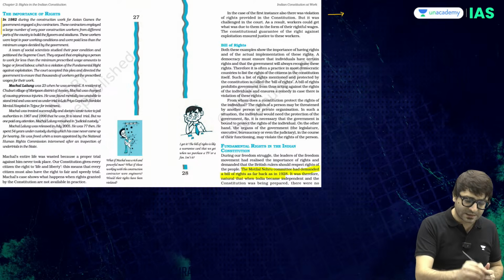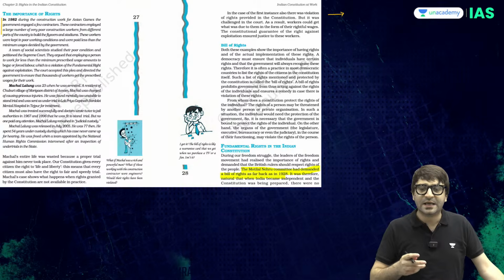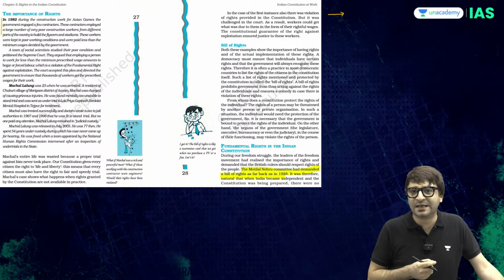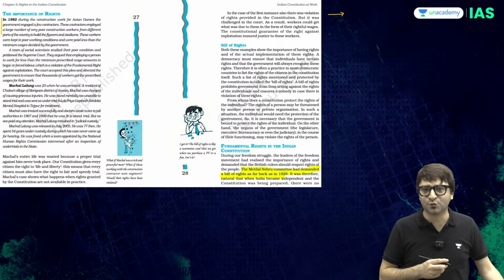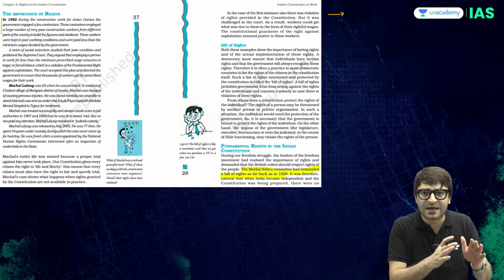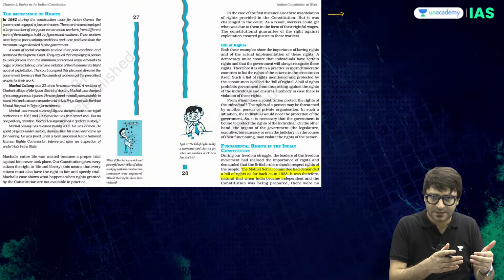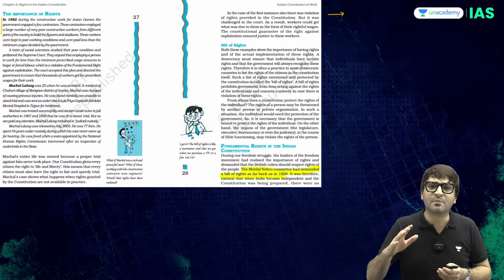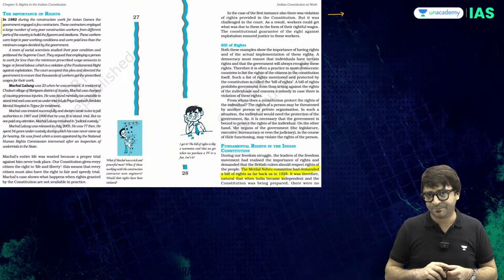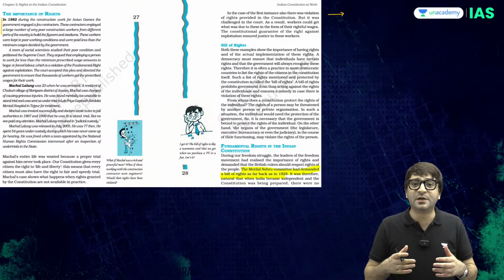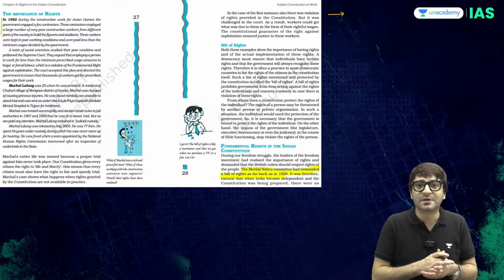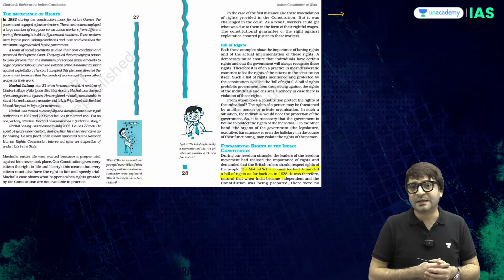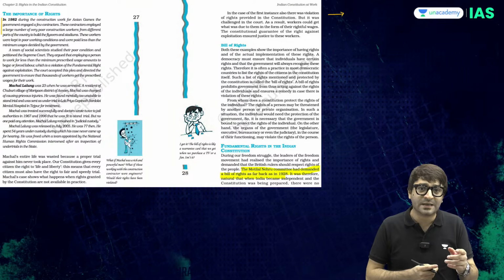The first thing that this chapter talks about: Asian Games were to be held in Delhi in 1982, for which the government hired various contractors. These contractors hired poor workers from different parts of the country, and they were made to live in miserable, inhuman conditions, and they were also not paid enough.